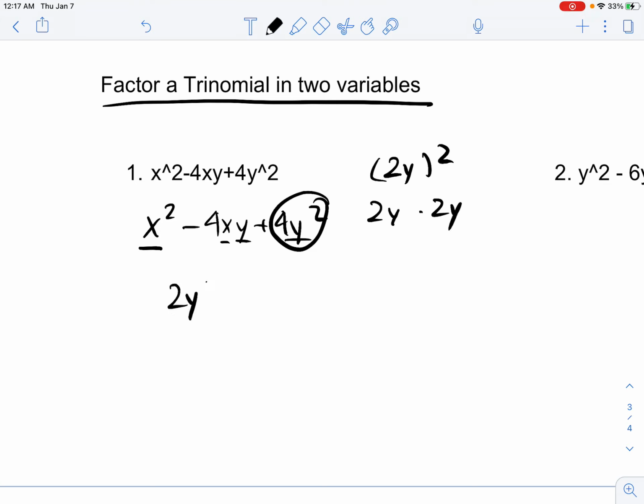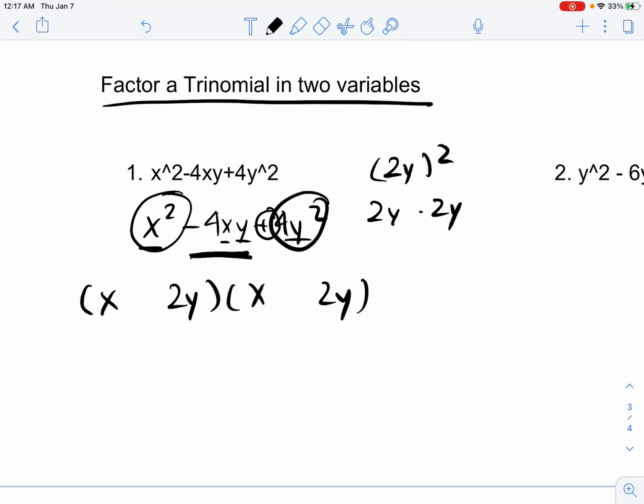So that could be that piece of your equation. Now you have to have negative 4xy. So that means, tracking backwards, we know that this has to be x squared, because x times x is x squared, and there's no other way to get x squared. Continuing on, we need a sum of negative 4. So how do we do that?